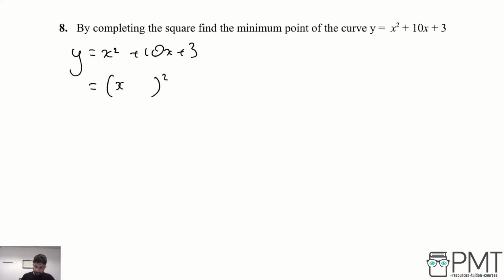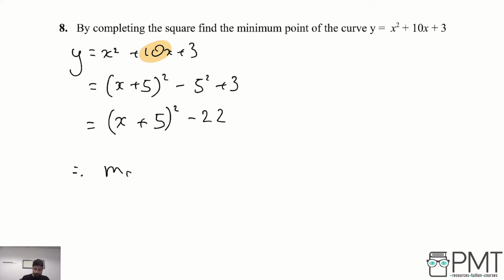Bracket x squared, plus half of the coefficient of x. So I take away 5 squared and then add my 3. X plus 5 squared. So we have got minus 25 plus 3 is minus 22.